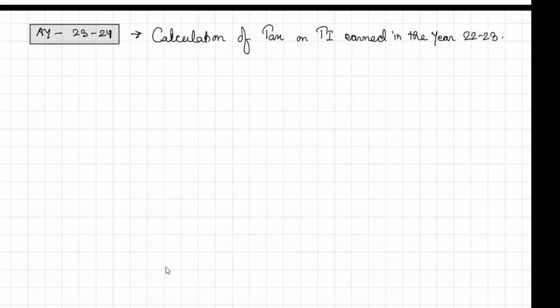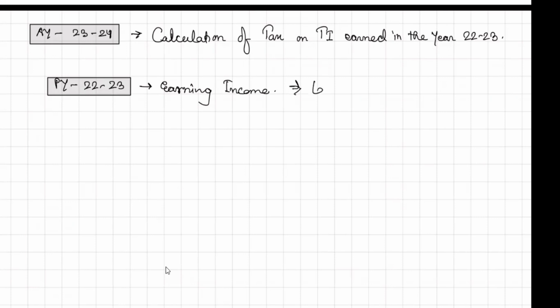Yes, correct, sir. Okay. Now, when we are saying that our previous year is 22 and 23, don't you think that if we are earning income over here, then law relating to this year should be followed?